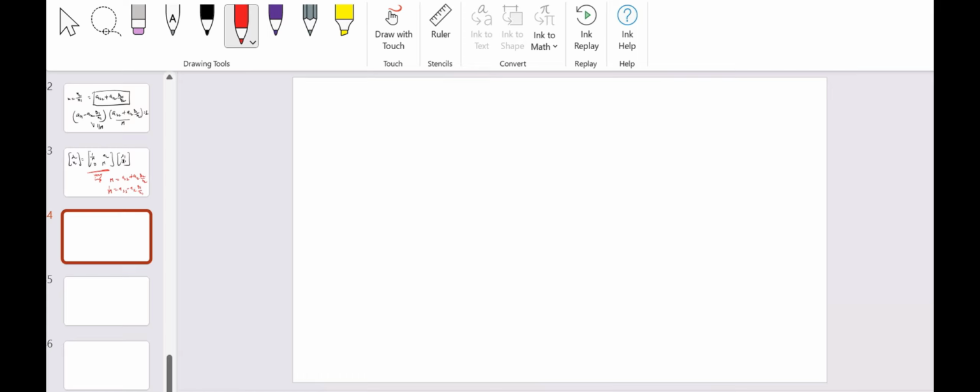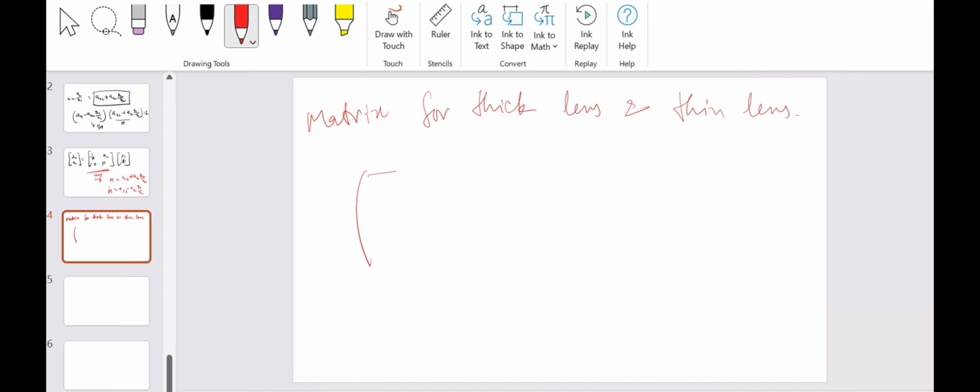Then comes another thing, that matrix for thick lens and matrix for thin lens. So the same thing for thick lens.